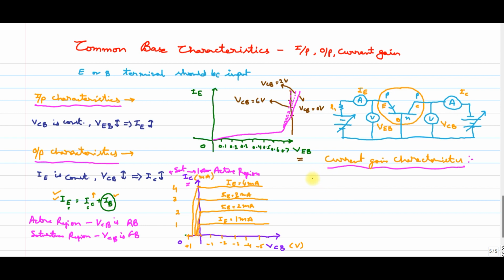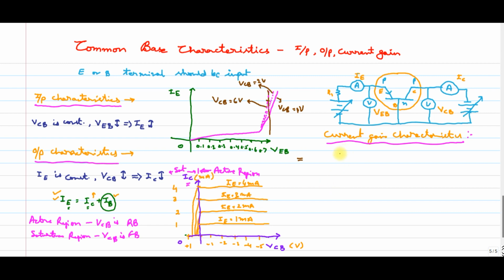One thing should be constant here. I want to make VCB constant, and I want to see the variation of IC with respect to IE. That means I will vary IE and capture the variation of IC. So this is what the characteristics are.